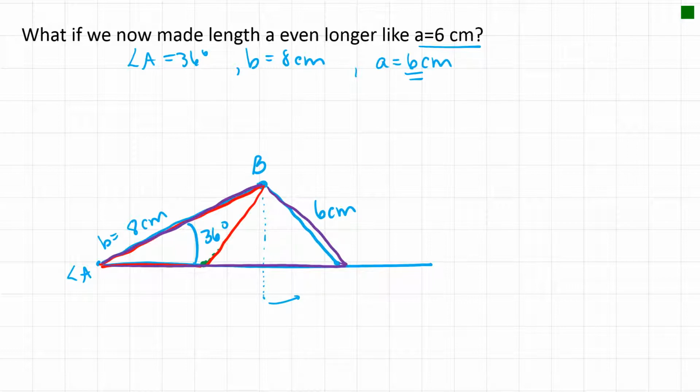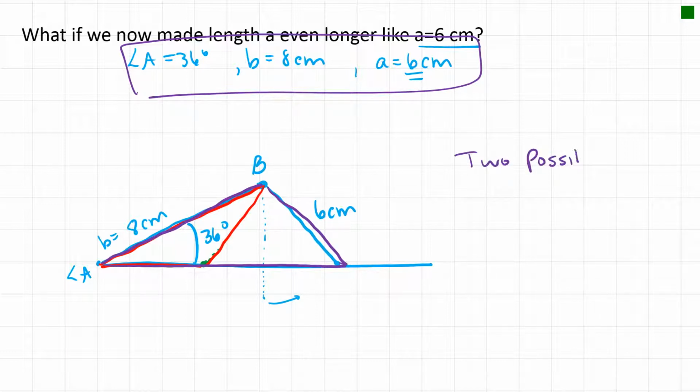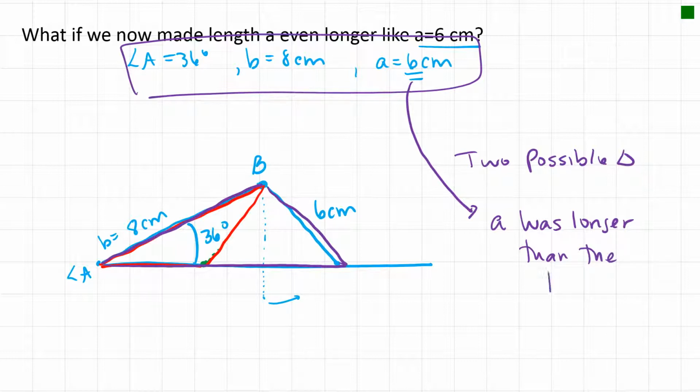So there are two possible triangles given these measurements. And what conditions were met? This length right here, A, was longer than the height.